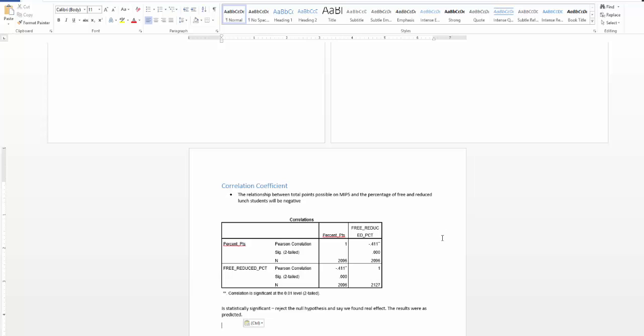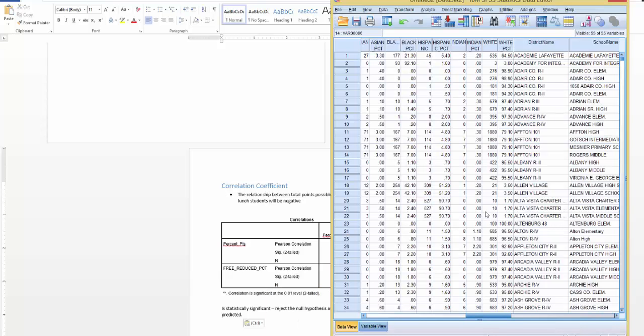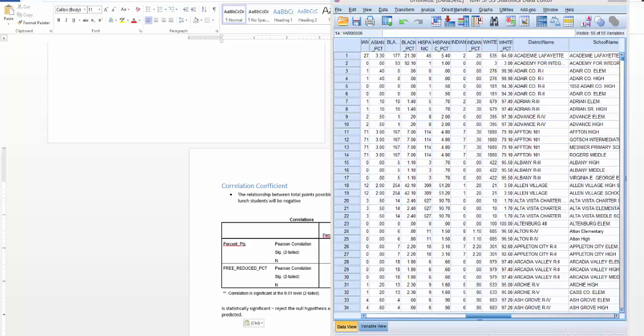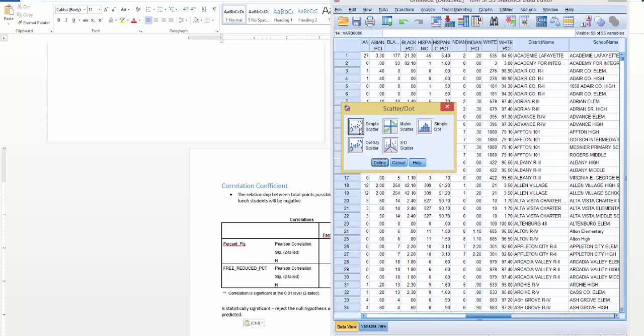Now with this one, we're going to go just a little bit further. If we're going to do this, we might as well explore the data, and just giving the correlation coefficient is somewhat useful, but it's much more useful if we can draw a picture. And we'll take a simple scatter plot.